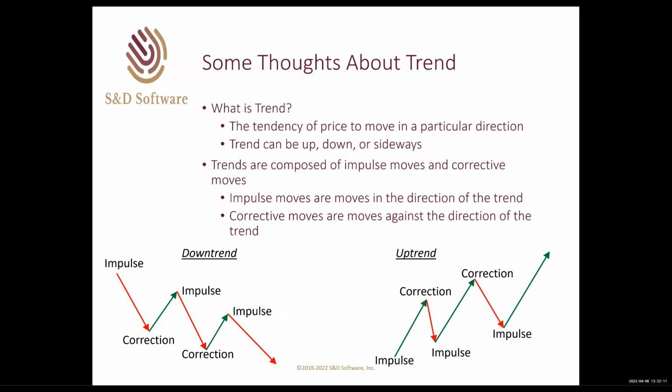One of the problems with this definition is that it doesn't tell us how many candles on our charts we need to form an impulse move or a corrective move, or a trend for that matter. So can an impulse move be a single candle?